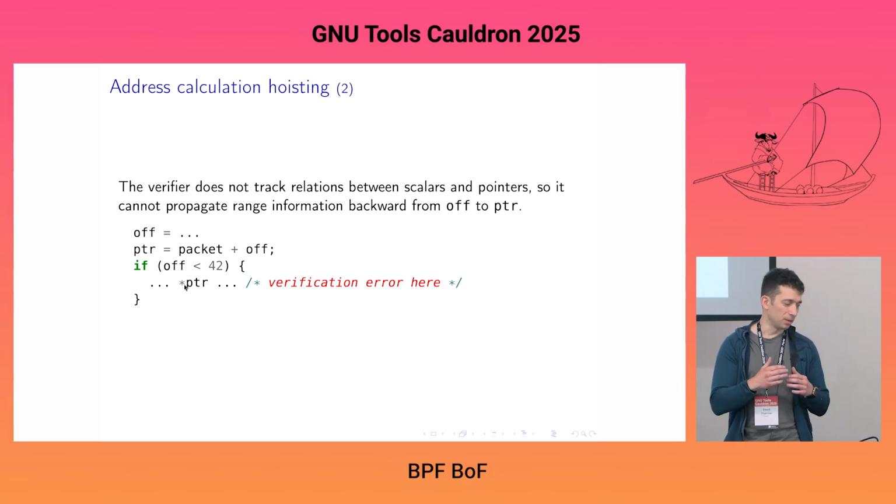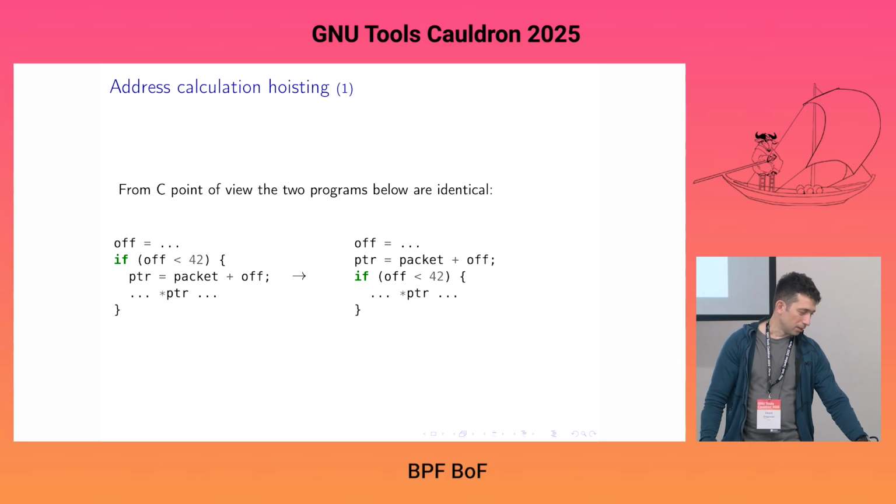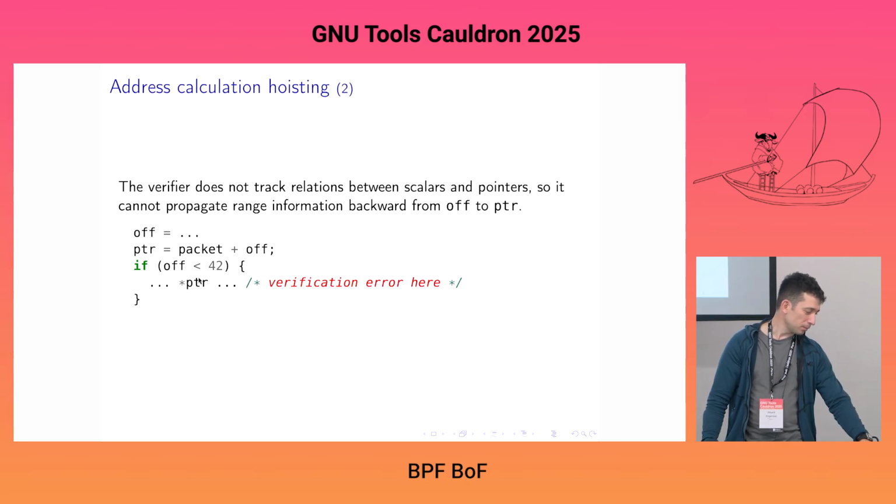So on the verifier side we get an unbounded pointer at this position, and after this access we get a verification error. The original program can be verified because if we enter the true branch of this conditional, we know the range of the offset, and we generate the pointer with a limited range.